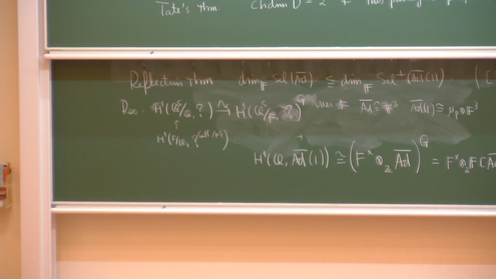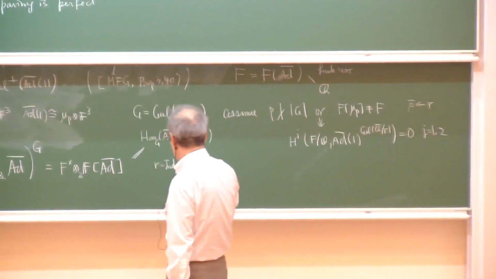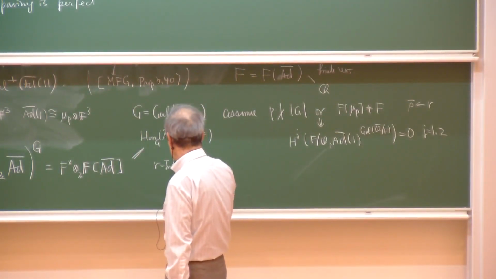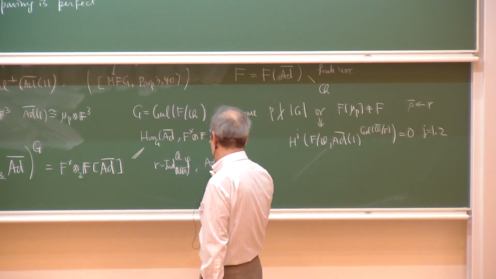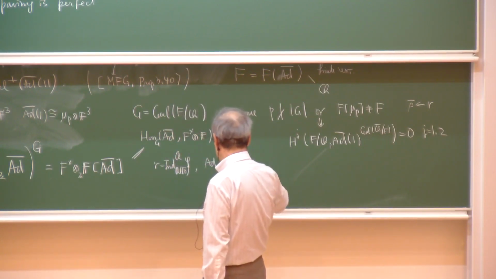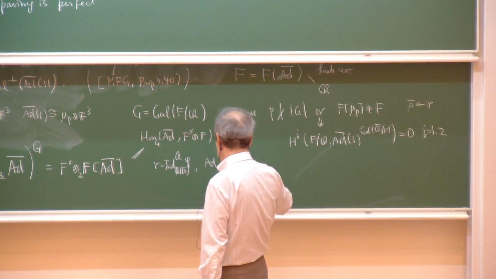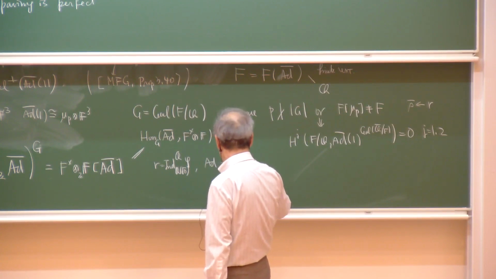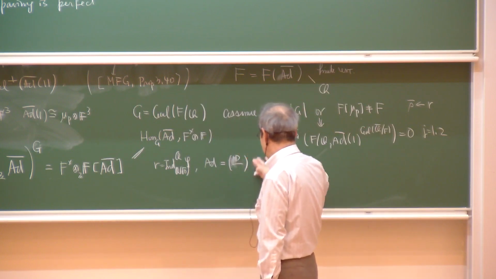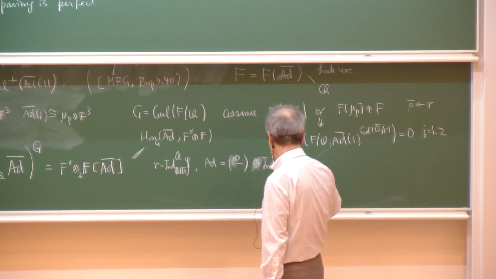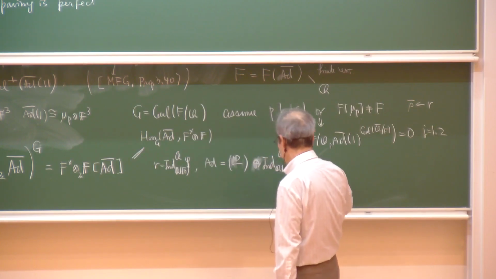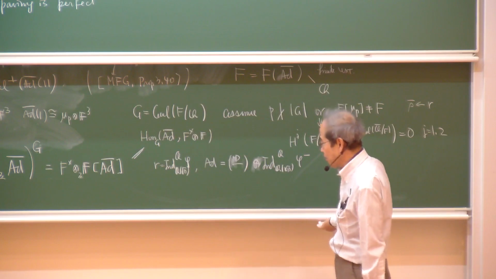If the original rho is an induced representation, perhaps I have already said that, if rho is induced from some quadratic field to Q of a character phi, then ad will be the quadratic character tensor a direct sum of the induced representation from the same field of another character, I wrote phi minus, the anticyclotomic projection.